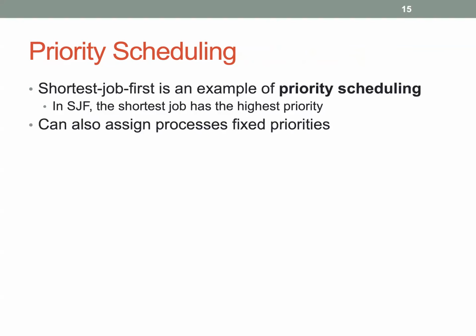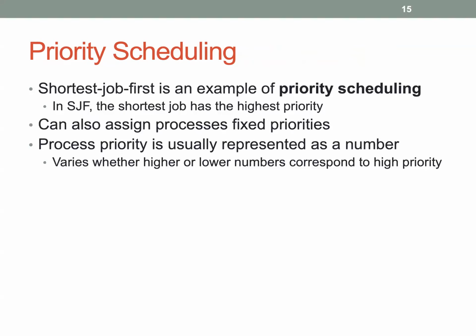We can also assign fixed priorities, which is an interesting approach. Basically, we can assign an increasing number, so that the larger the number, the higher the priority, or we could do it so that a decreasing number is a higher priority. It just really depends on how the system is constructed. It's a convention. It's not something that has to be one way or another.